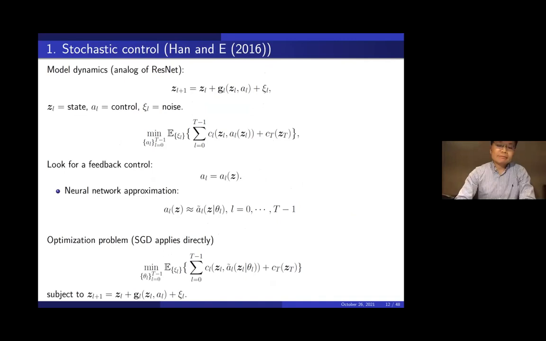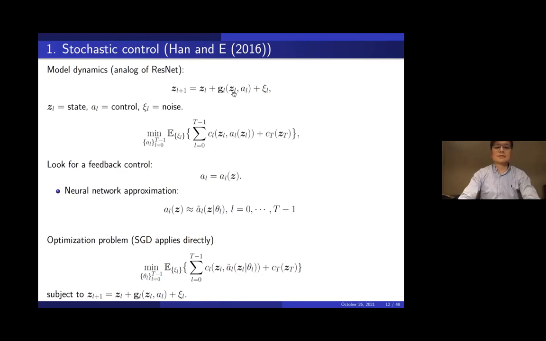So let me first give you some examples where we can use deep learning based algorithms to solve some of the other COD problems that we face. The first example is stochastic control. This is actually the very first example where people used deep learning to solve problems in scientific computing or computational science. So we're given this stochastic control problem.